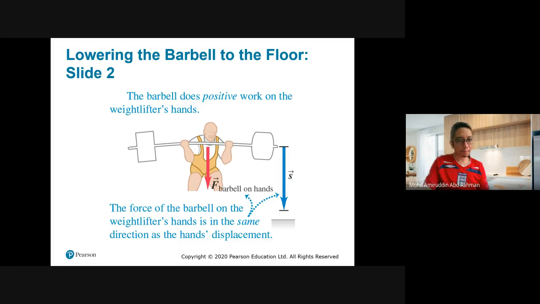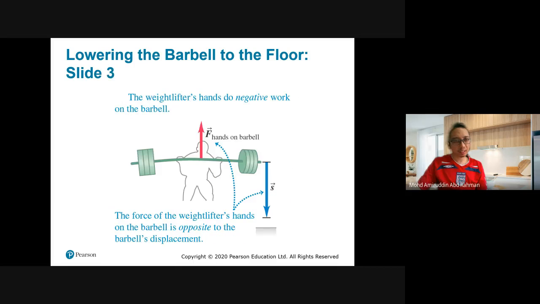So S is going down, and F, the force, is also going down. So both F and S are in the same direction.